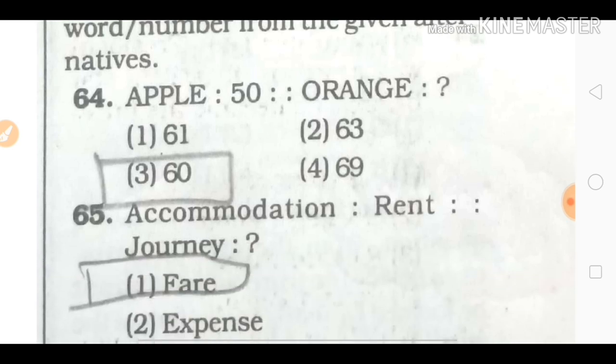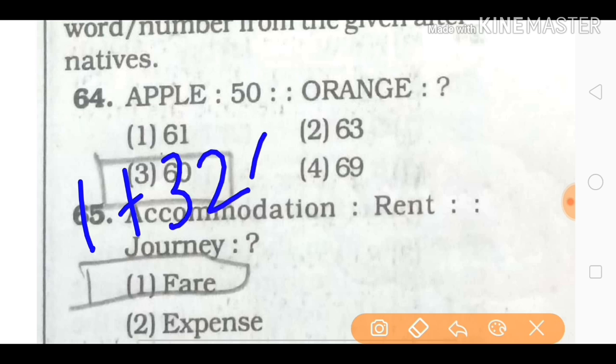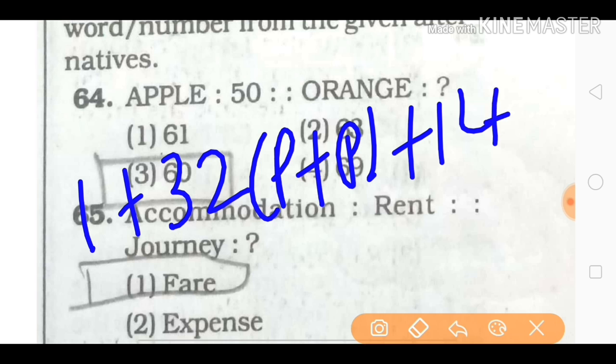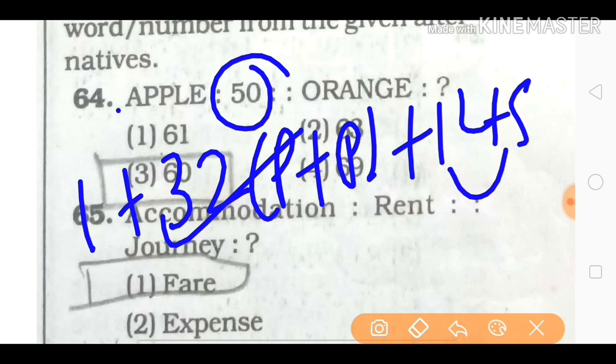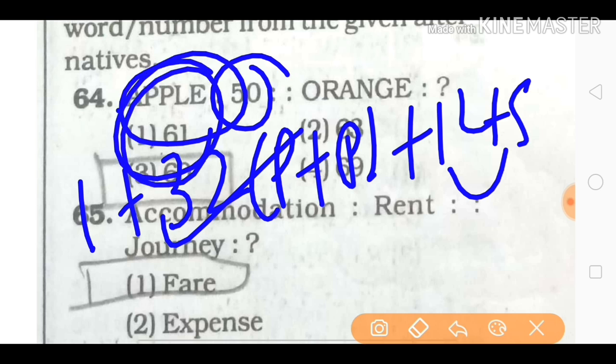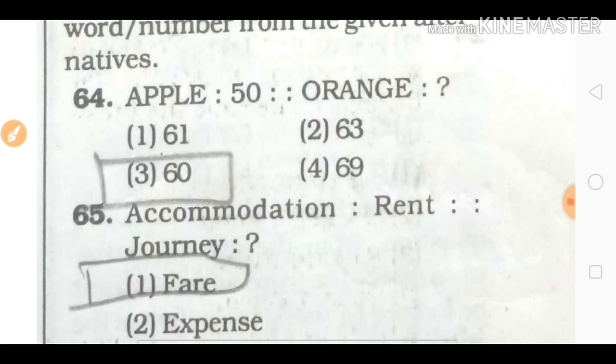Anyways, here what is happening, if we add 1 plus 32, I mean P plus P, right? Plus 12 plus 5, 17, 18, 20, 3, 50, right? It means this is the adding of apple. Orange, you will add, you will get 60, right?